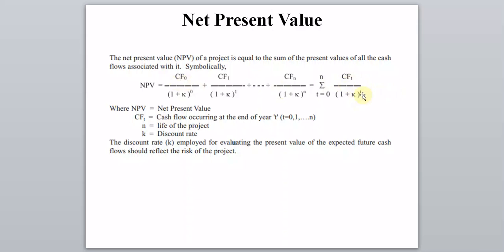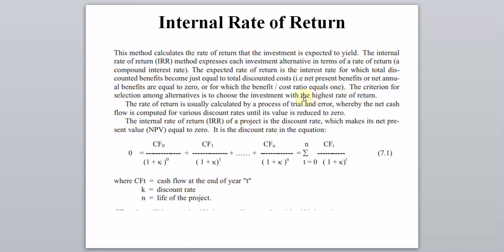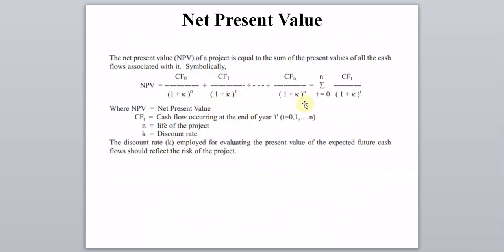So the internal rate of return is quite similar to the net present value; we just have to make the net present value 0, and the rest remains as it is.